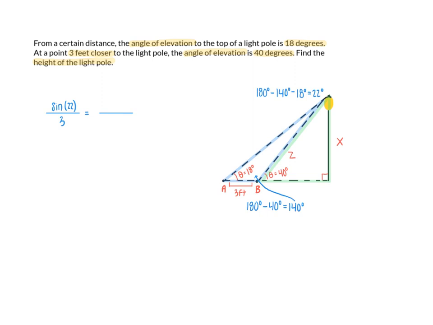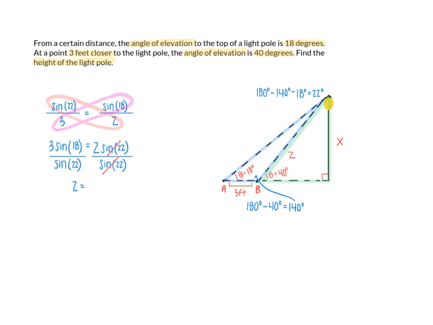So it's equal to sine of 18 degrees over z. Now I simply have to solve this to get what z equals. An easy way of doing that is cross multiplying the two. Then I solve for z by dividing both sides by sine. Once I plug this into the calculator, I see that z is equal to 2.47 feet.